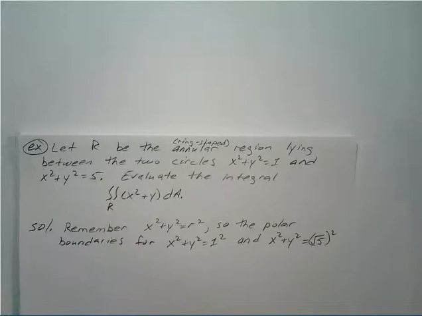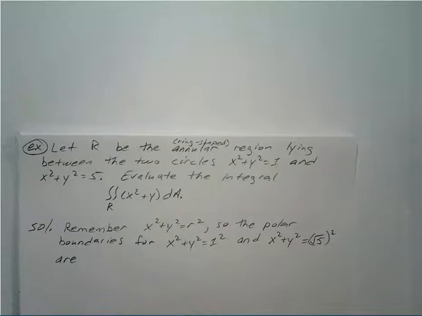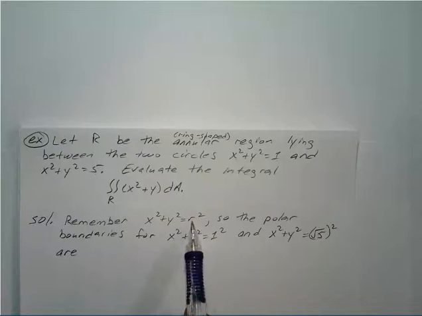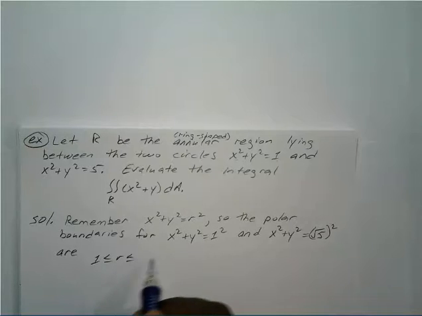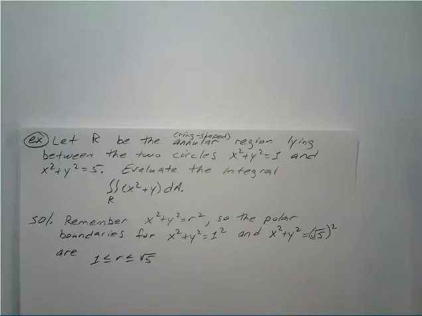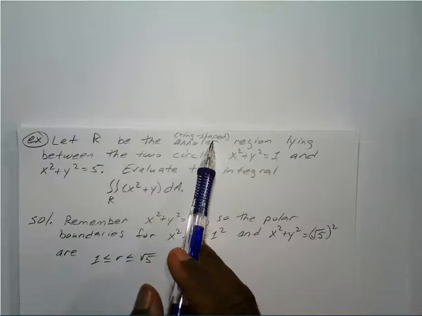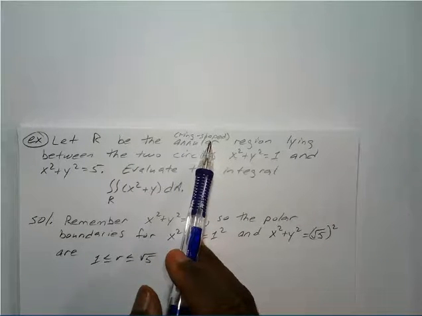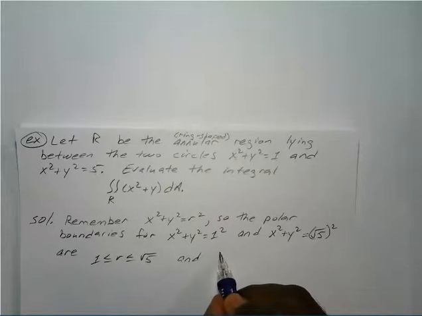Same as 5. Okay, so we can make our r, since it's just r squared, between 1 and square root of 5. And since we know it's annular or ring shaped, we know it's going to be between 0 and 2 pi. Or theta, rather.